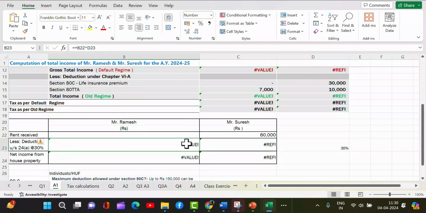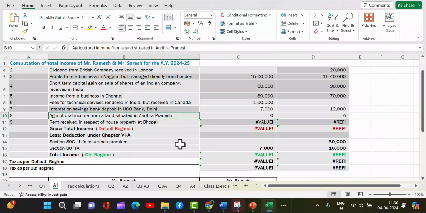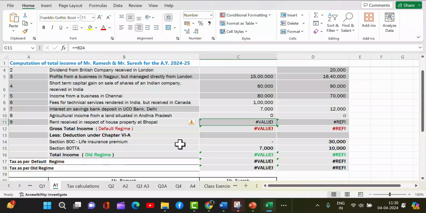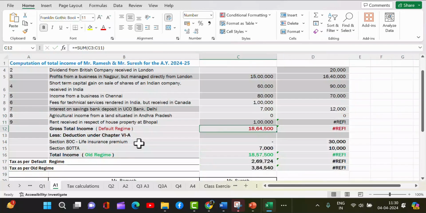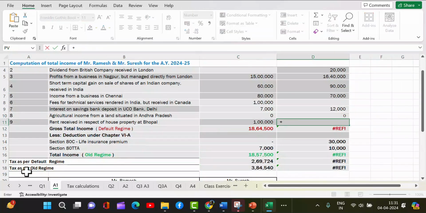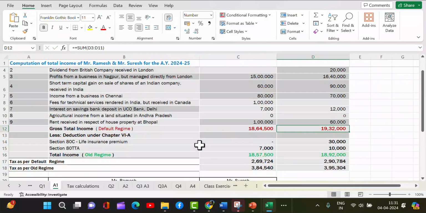It is not there in the one below. Where is the rent receipt? It is not here. Okay, so I have to bring it from here first. You can download this file again and share it with us. That was the problem, sir, it got missed out. Okay, now it has come back.